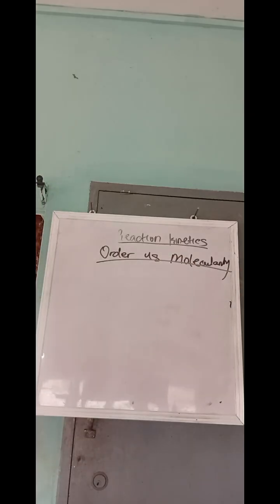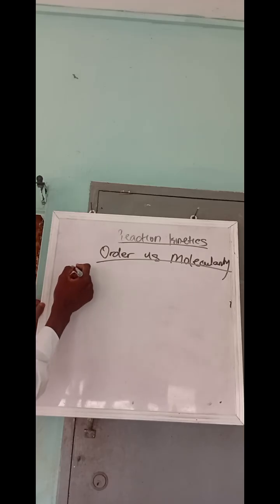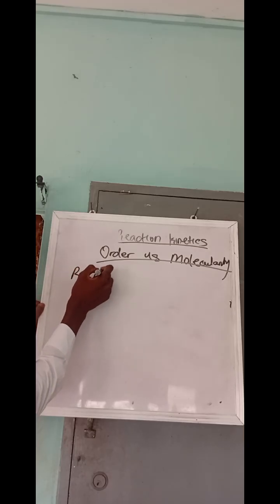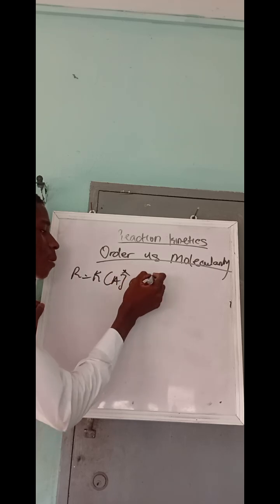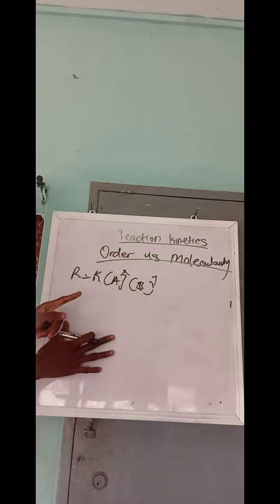Order versus molecularity. Based on definition, order is the sum of exponents of each reactant in a rate law. I told you that if you have a rate law of k into bracket A to the power x into bracket B to the power y, then x plus y is the overall order of reaction.